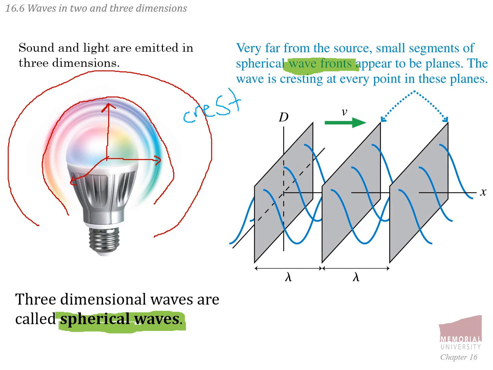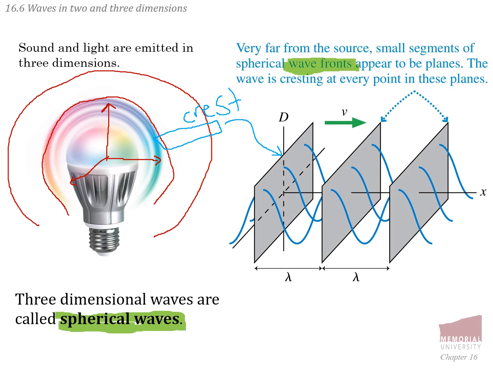If we get far away from our source, so if we just pick a little bit of those crests, and that's what's trying to be represented right here, then those crests, those spherical shells, are like parallel planes. So they're not one-dimensional like they were with the circular waves. Now they're two-dimensional. They're like planes.